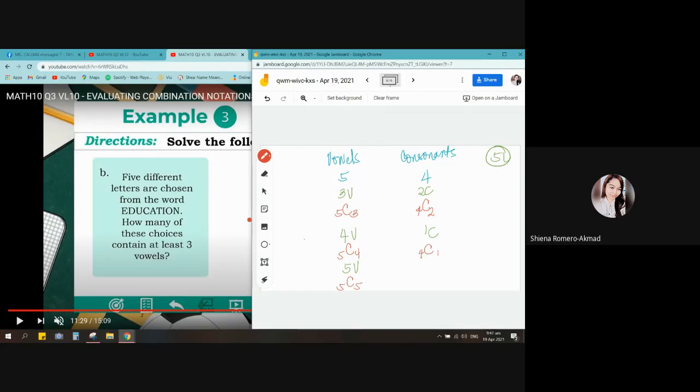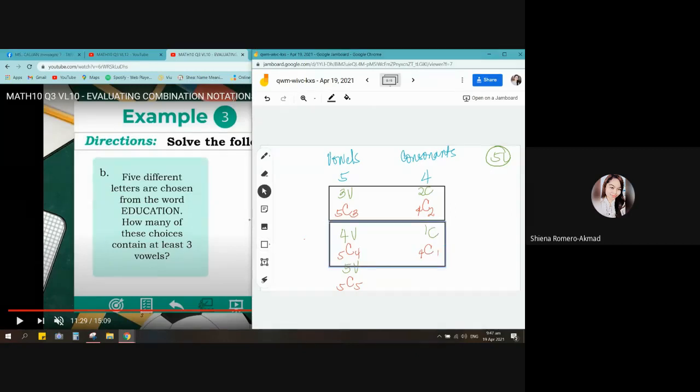So, of course, this will happen at the same time. These two, this also, and of course, this. If they will happen at the same time, we will multiply them.